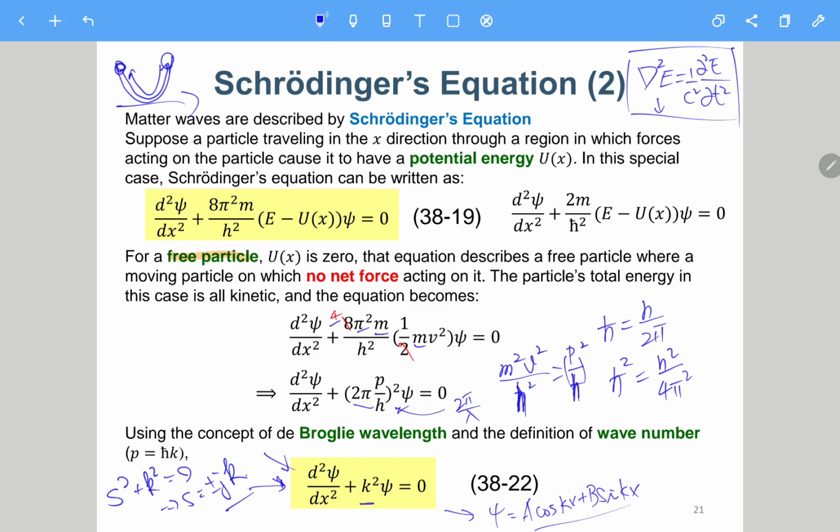Originally, how we came up with it is that we assume phi equals exponential of st, so s equals plus or minus jk, which means that phi will be a times exponential of jkx plus b times exponential of minus jkx.